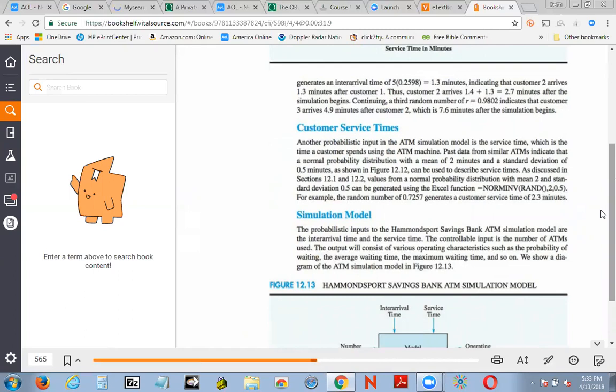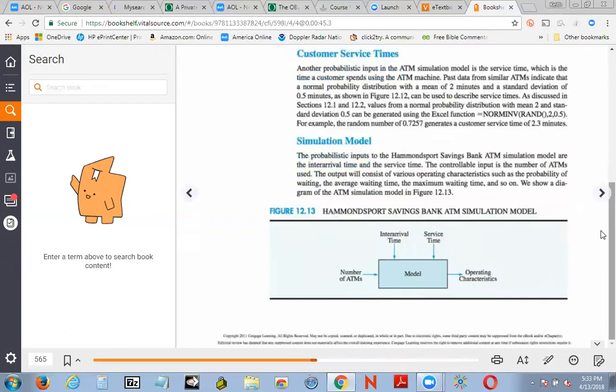And so we can generate customer service times. And now here's the simulation model, okay, where we have the number of ATMs, the arrival time, the service time, and then we look at the operating characteristics.